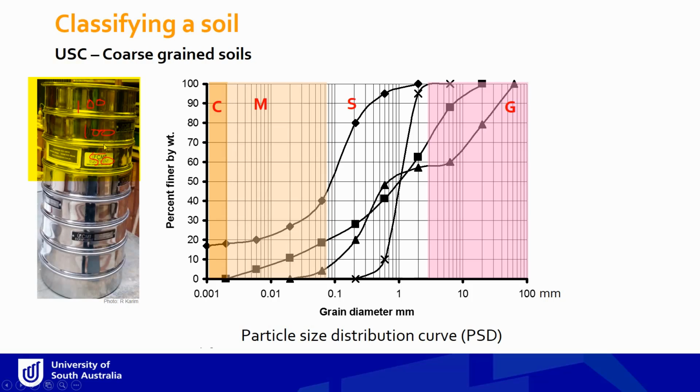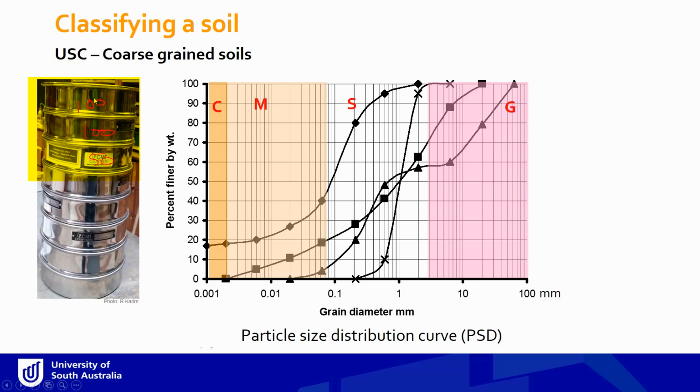How much soil has passed through? This has already retained 100 grams, and this has retained 100 grams. So the soil that has passed through that sieve is only 800 grams. So that is 80%. And if I do the calculation for this one, it will be 75%. Hope it makes sense.